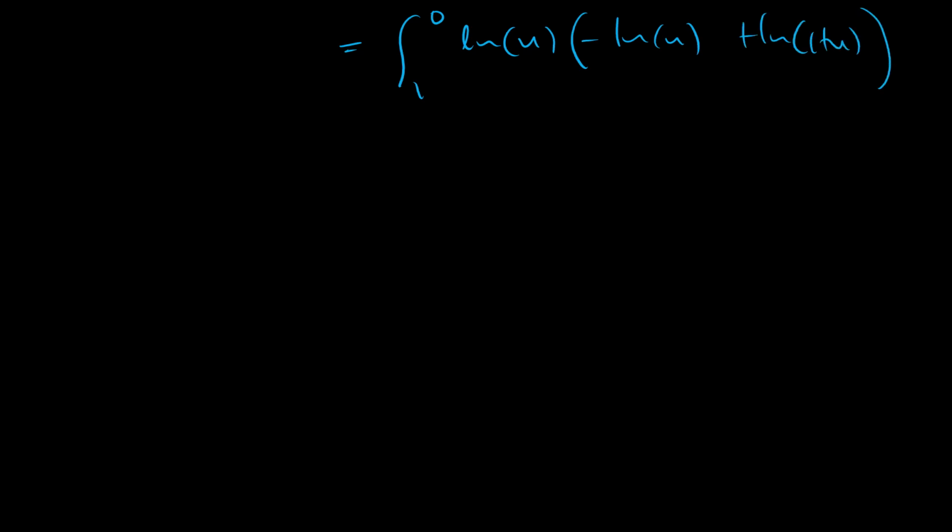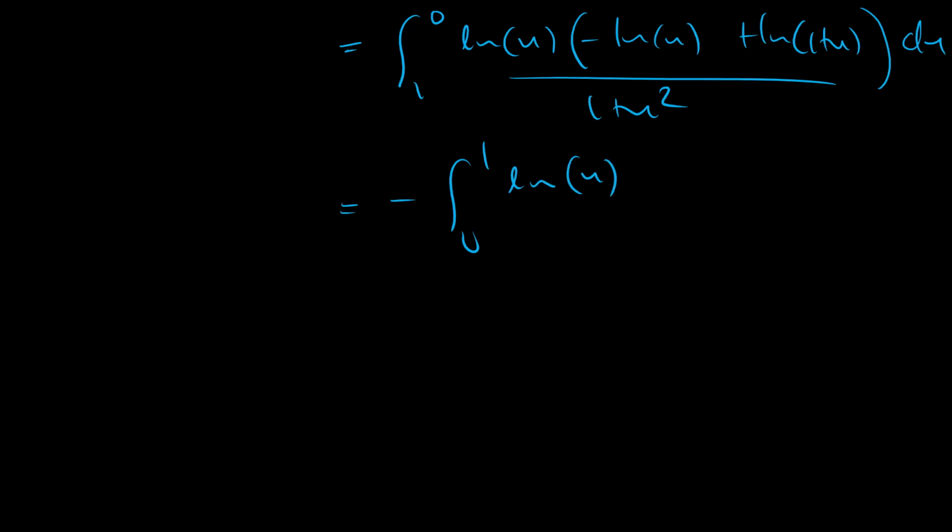Okay, so this has come to 1 to 0 of ln u times negative ln u plus ln of 1 plus u, du over 1 plus u squared. To flip it, we flip the intervals to 0 to 1, and we have ln u.